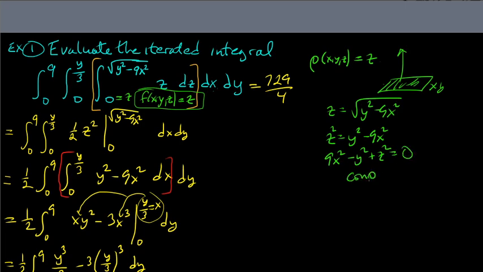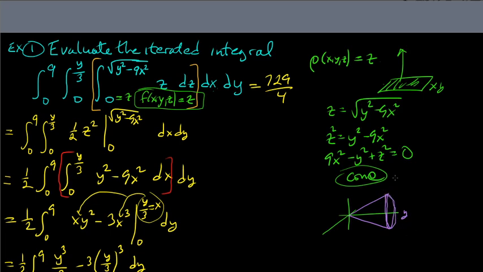So this is a cone, a cone in the y direction. This is not going to be easy to graph here, but it's a cone that kind of looks like this, going sideways here, because the axis of rotation is the y-axis. And it's not even a circular cone, it's an elliptical cone.